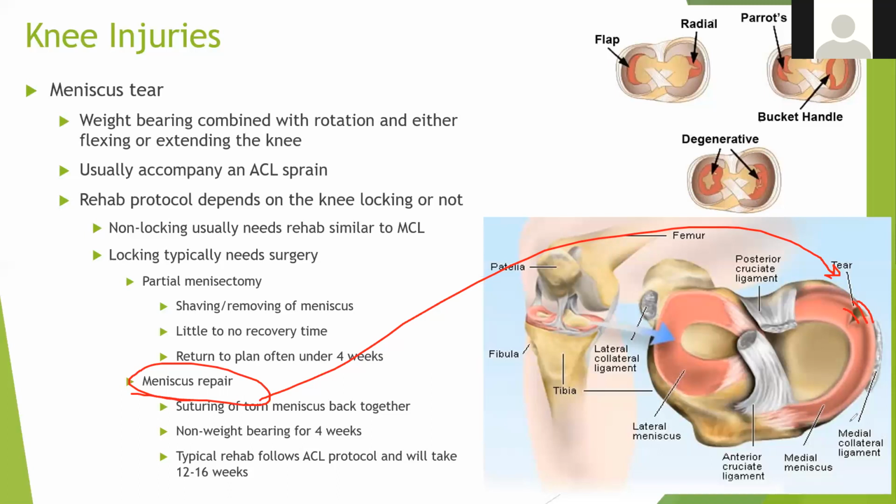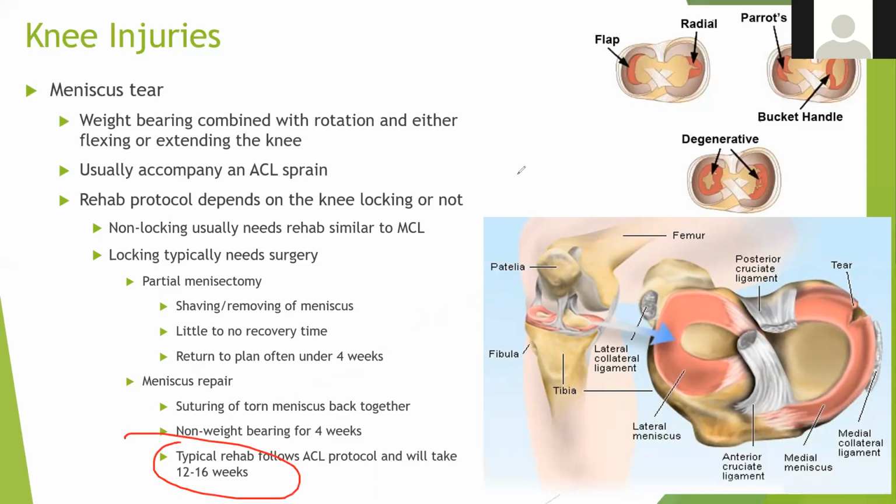But this is your best long-term method because it's not going to take away from the actual cartilage itself. You keep all the cartilage you have. The only problem is that you have to be non-weight bearing for 4 weeks, meaning you can't put your foot on the ground and stand up. You're on crutches for 4 weeks, and then it takes about 4 months to be able to come back to play.